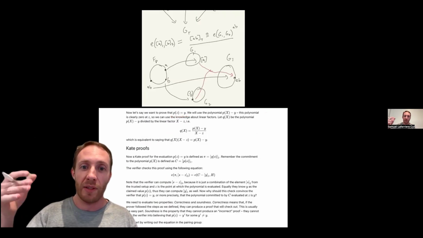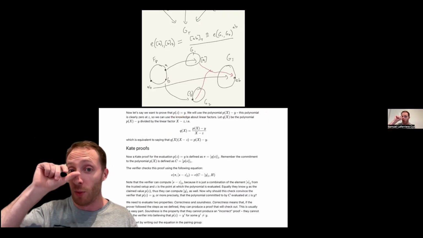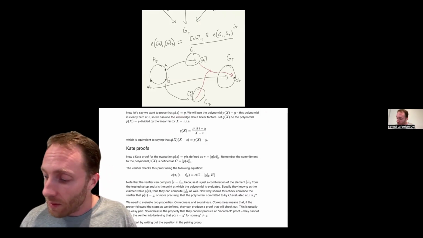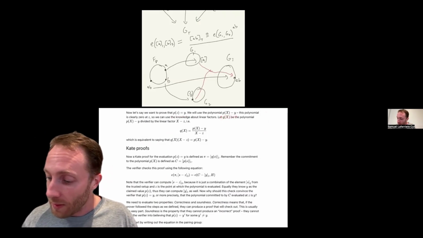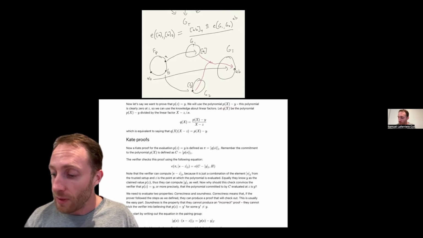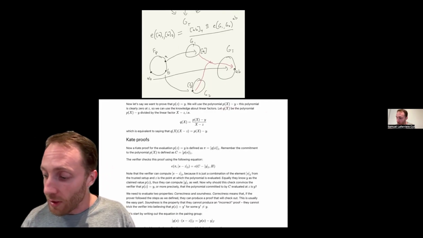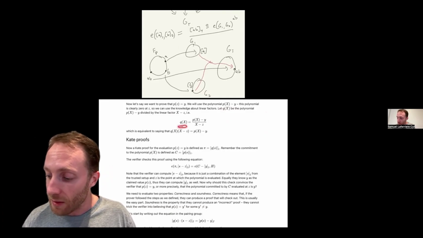So we're trying to reveal one data item of the polynomial, namely Y. Then we use the polynomial P(x) minus Y. This polynomial is clearly zero at Z. So we can use the knowledge about the linear factors, and then we divide, Q(x) equals this divided by x minus z, which is equivalent to saying this.